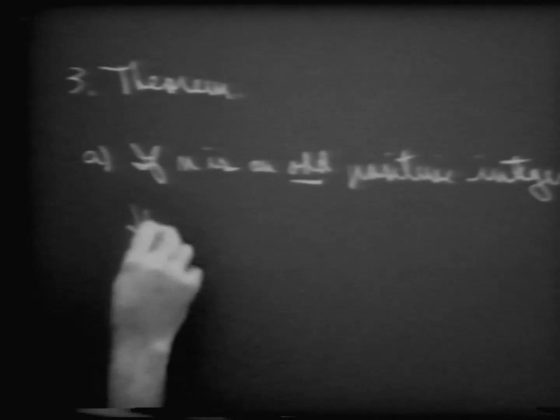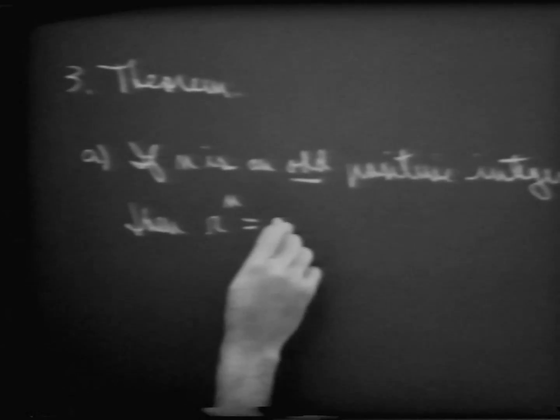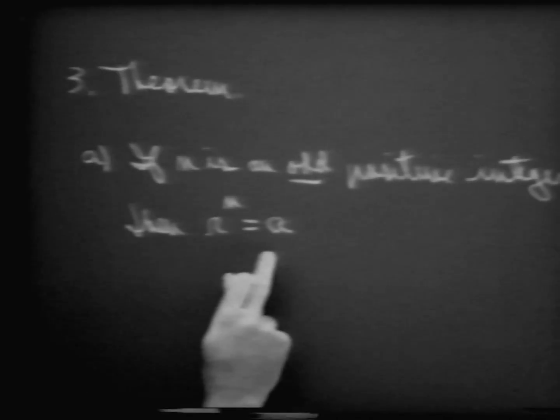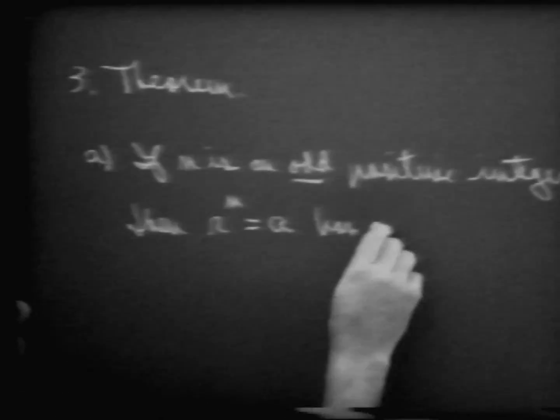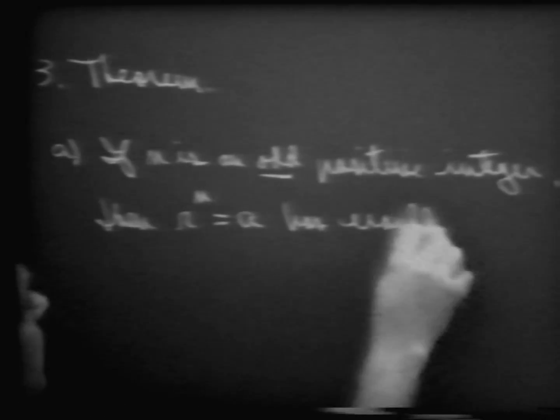We're talking about an equation of a pattern, well, let's call it r to the nth power is equal to, let me just call it some number a here. Then this thing has how many roots? Exactly one real root, okay?